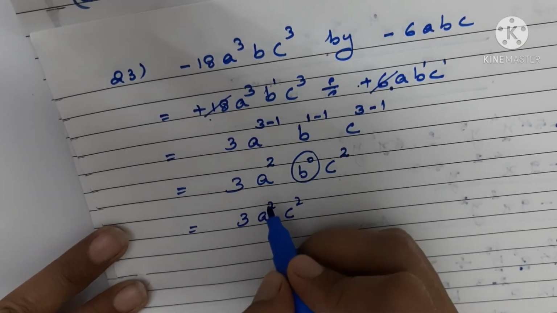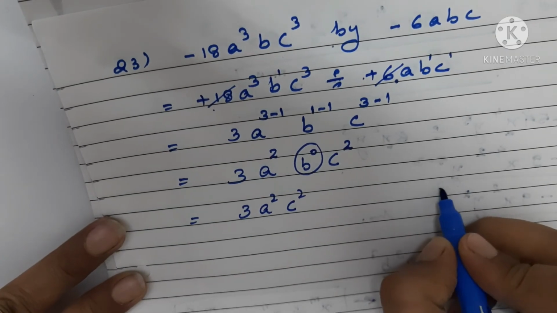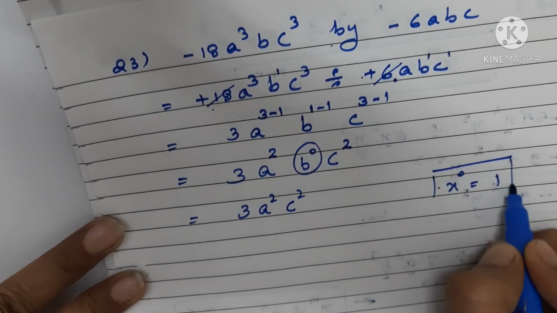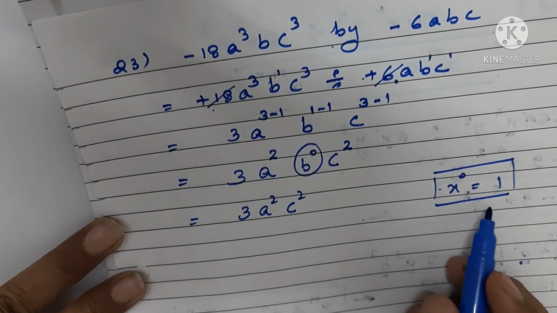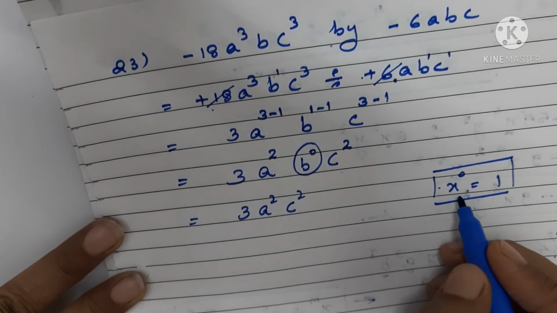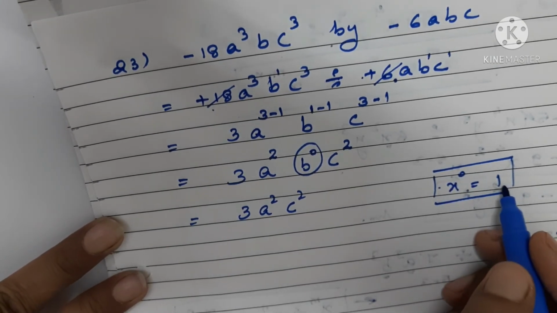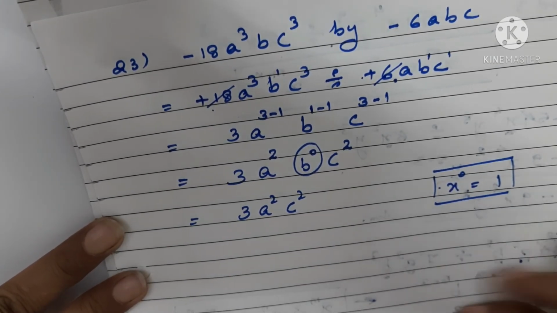Now what about b to the power 0? We know that any base with power 0 is equal to 1. So again we have the law of exponent here: if any base has a power of 0, it is considered as 1. Understood?